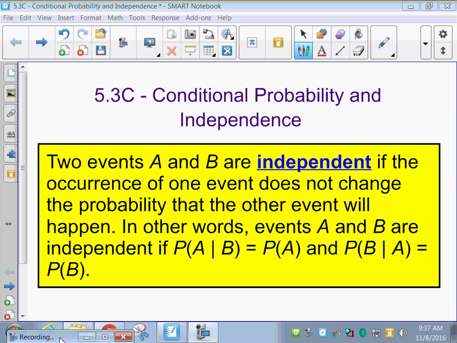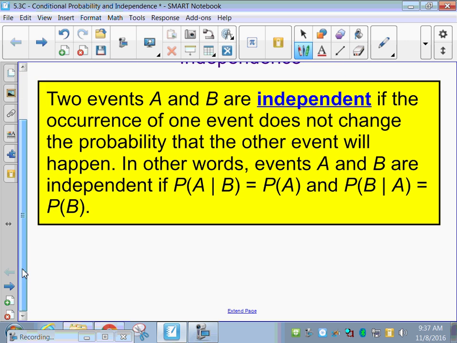Two events A and B are independent if the occurrence of one event does not change the probability that the other event will happen. All right, a really good example that we tend to use for independence: let's say I'm drawing a card from a deck of cards, and I replace it and put it back in for the second draw.